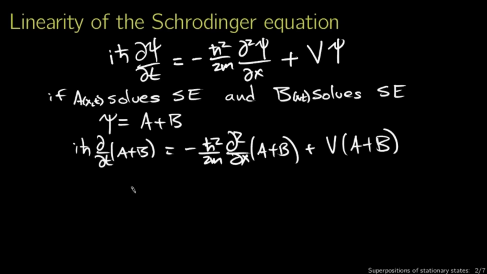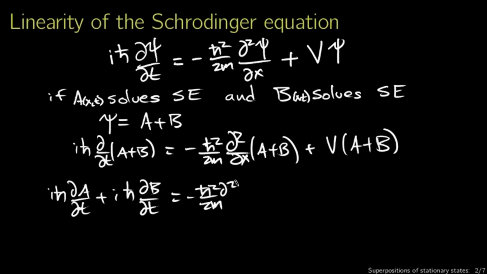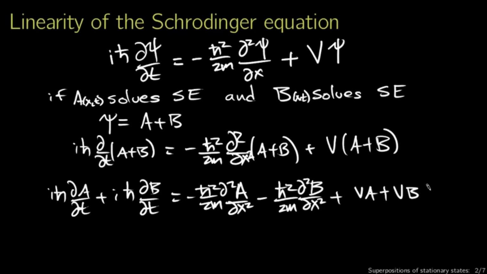So I can write that out: i h bar d by dt of A plus i h bar dB dt equals minus h bar squared over 2m, second derivative of A with respect to space, forgot my squared on the second derivative, minus h bar squared over 2m, second derivative of B with respect to position, plus V times A plus V times B. That's just following those fundamental rules.